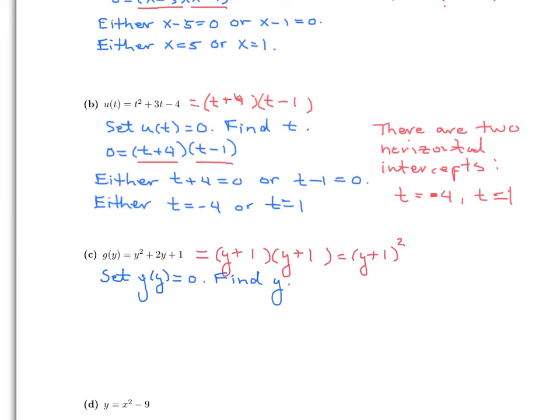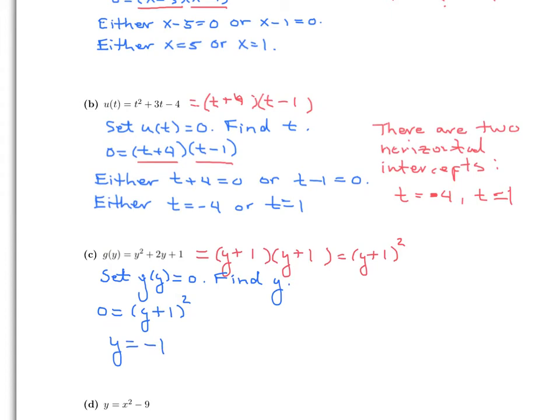When we set our output equal to 0, we arrive at 0 equaling y plus 1 squared. And now let's think to ourselves, what value must y be that would cause this to equal 0? Well, I think you would agree, probably, that y would have to be -1.